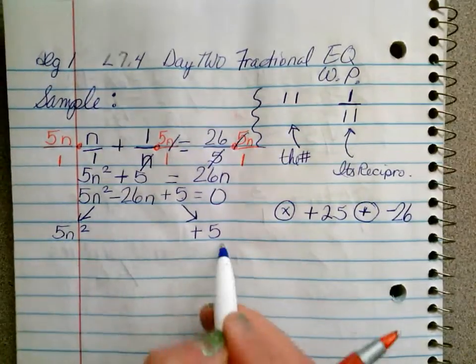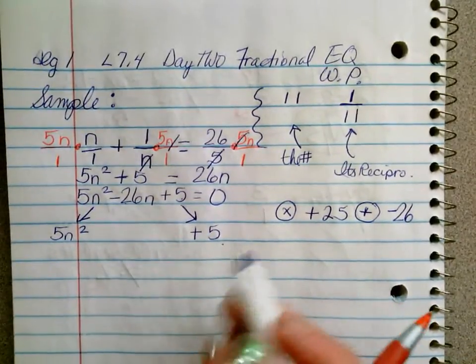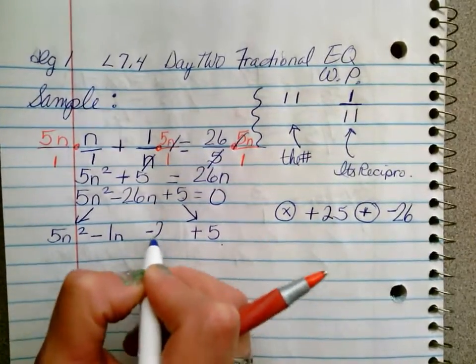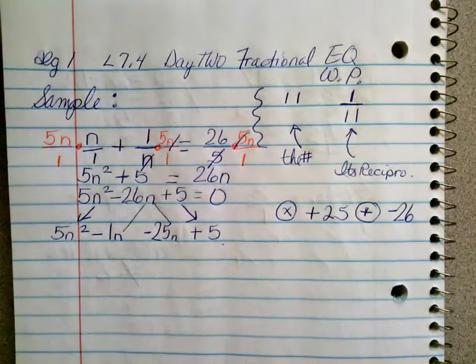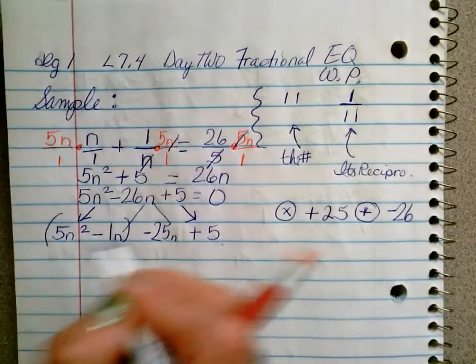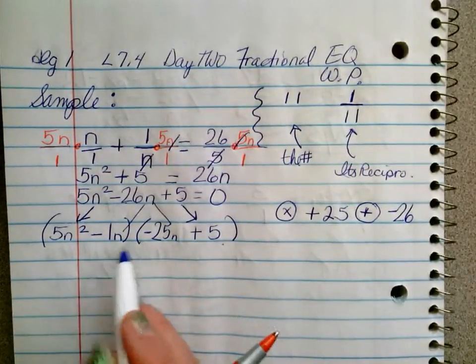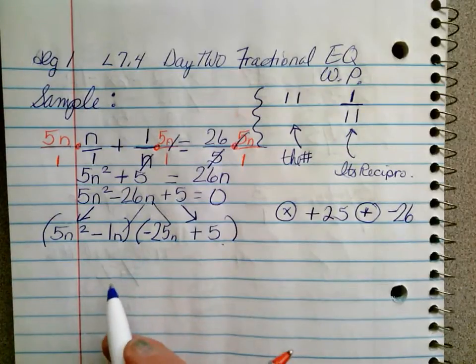Now, we've got a 5 here and a 5 here. So frankly, it doesn't matter where I put the 1 and where I put the 25. So I'm going to do 1n here, 25n here. Remember, the n stays attached. Group, and we're going to factor.